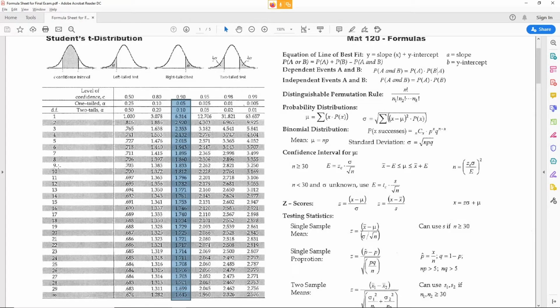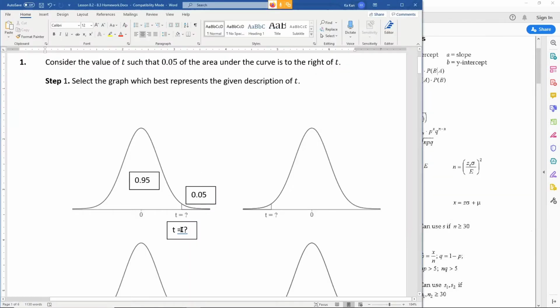It will be 9 because you subtract 1. So there will be 1.833. If your sample size is 25, the degree of freedom will be 24, so that'll be 1.711. This problem is not asking you for the actual number, but just know that it should look like this.